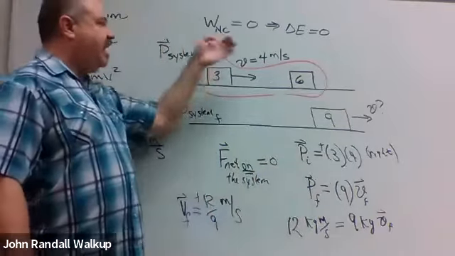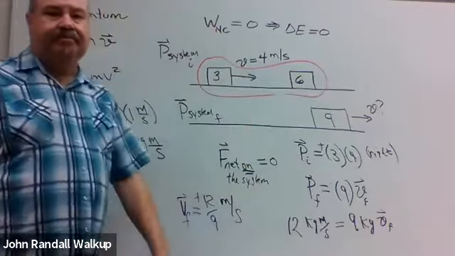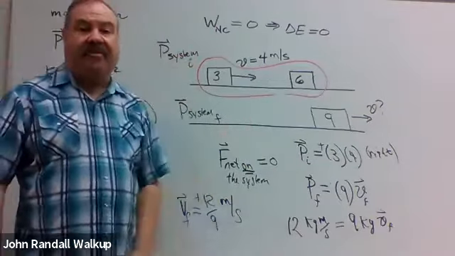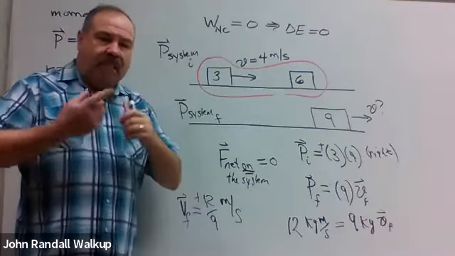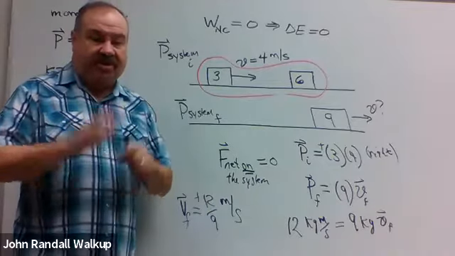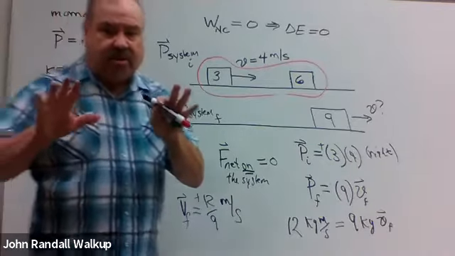So you can't set E initial equal to E final. But you can set momentum initial equal to momentum after. The conditions for momentum conservation are different than that for energy conservation. Okay, so this is important to listen to.